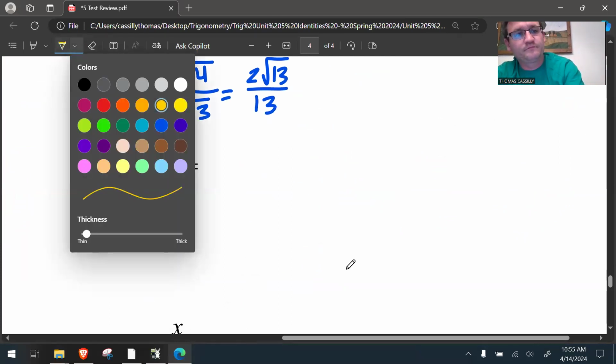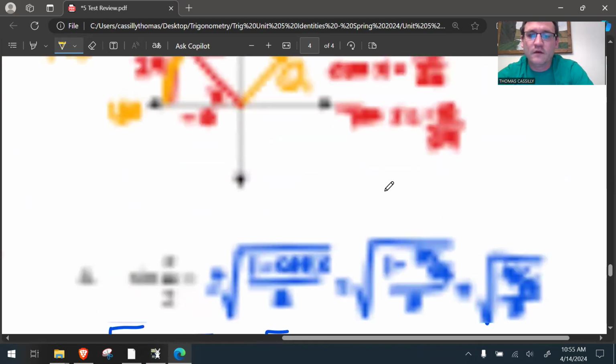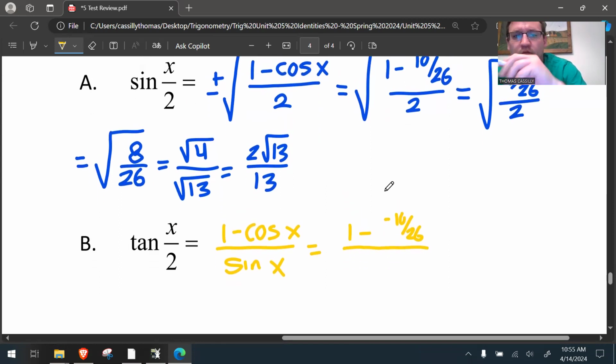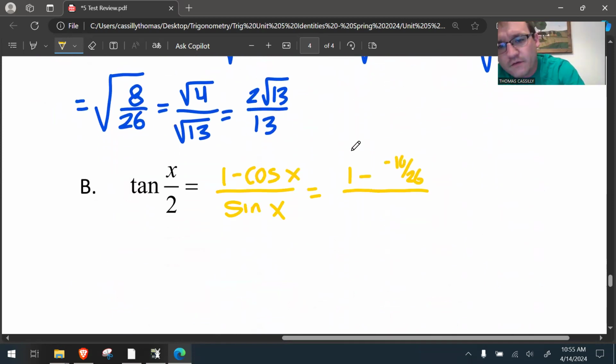Tangent of x over 2. This one, let's see here. What is this identity? 1 minus cosine of theta, or in this case cosine of x, all over the sine of x. That is 1 minus cosine, which was negative 10/26, and then the bottom was 24/26.